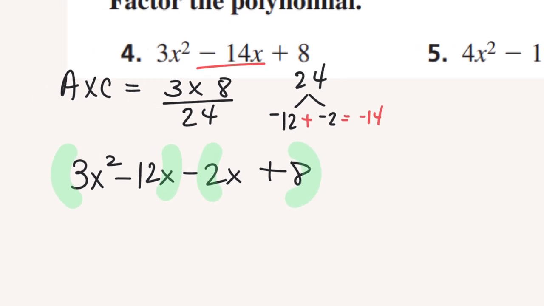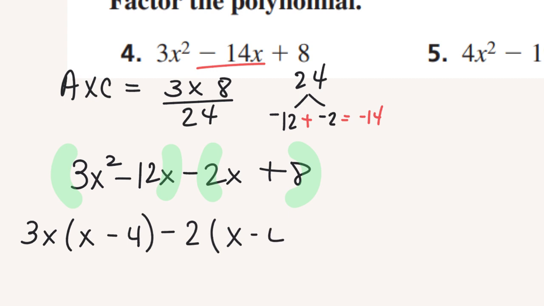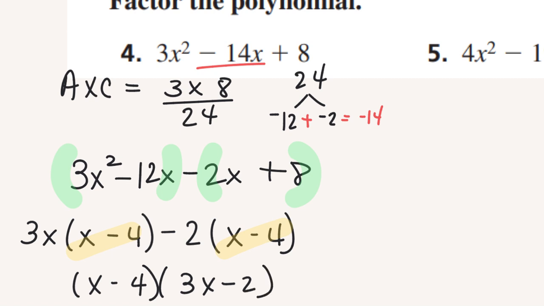So what can I factor out of this first one? 3x, and I'm left with x minus 4. Minus 2, and I'm left with x minus 4 inside. Both of the parentheses inside are the same, so my final answer is x minus 4 times 3x minus 2.